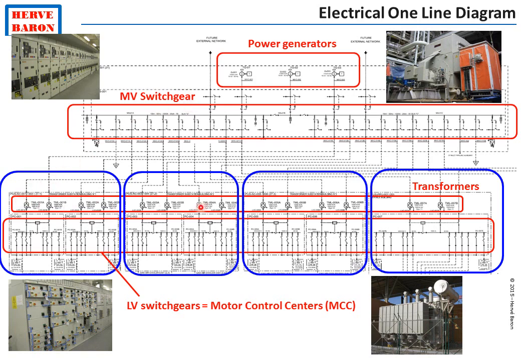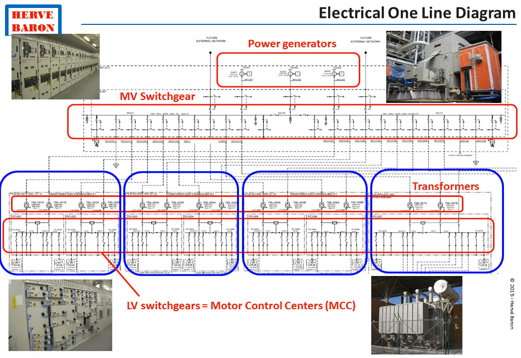Then the transformers from 10 kV to 400 volts, and then the low voltage switchgears or motor control centers. And the electrical substations are also shown on the single line diagram.